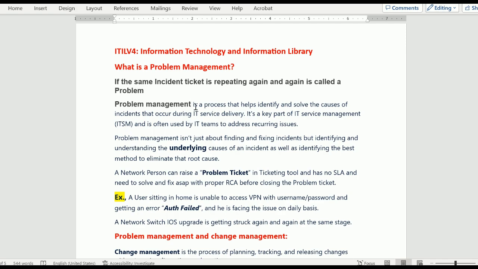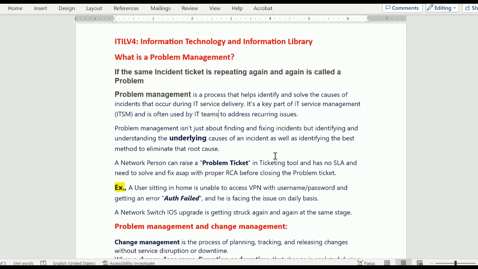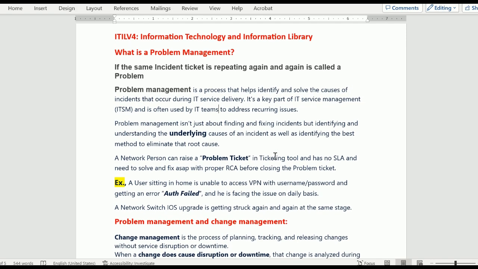Problem management is a process that helps identify and solve the causes of incidents that occur during IT service delivery. It's a very critical part of IT service management and is often used by IT teams to address recurring issues. Most IT companies nowadays are using ITIL, so they have change management as well as problem management.